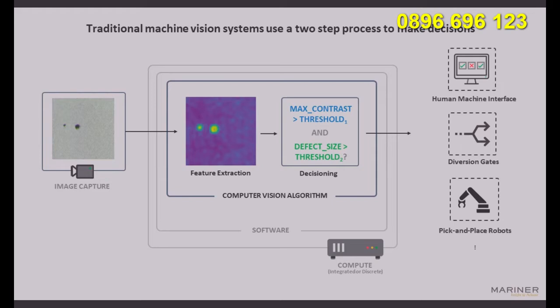This can be accomplished with machine learning, but in a lot of cases, it's accomplished using a recipe. An algorithm designer will set up a recipe for a certain kind of product that manually sets thresholds. So if contrast is bigger than 100 and defect size is bigger than 10 pixels, it must be defective. That kind of thing. That traditionally is how computer vision systems have worked for a long time.